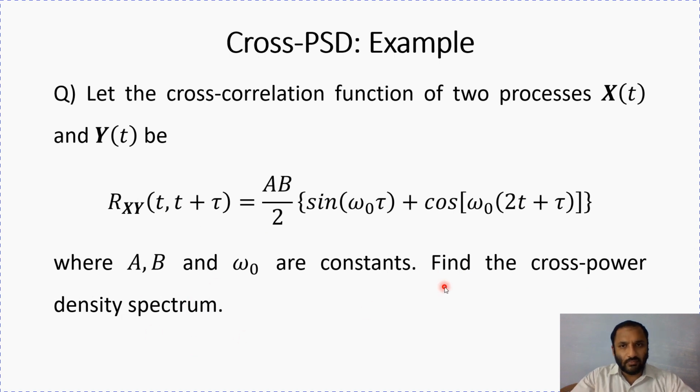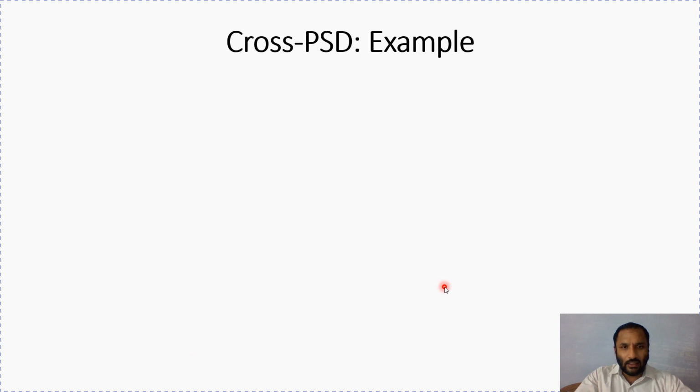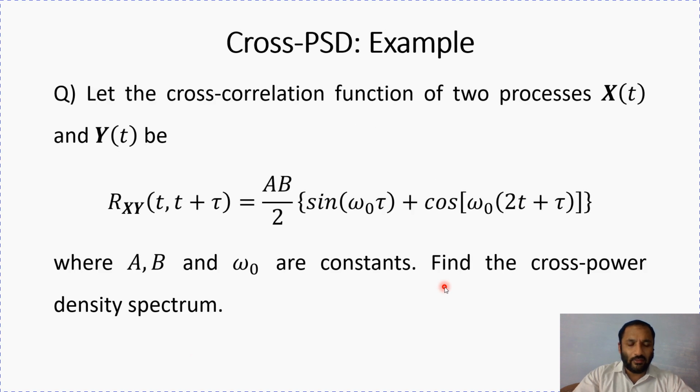Now let us first recollect what are the relations that we have. What is the plan of going forward to compute the cross power density spectrum? Given its cross correlation function, we know that the cross correlation function, or in fact any correlation function, normally forms a Fourier transform pair with the power density spectrum, isn't it?